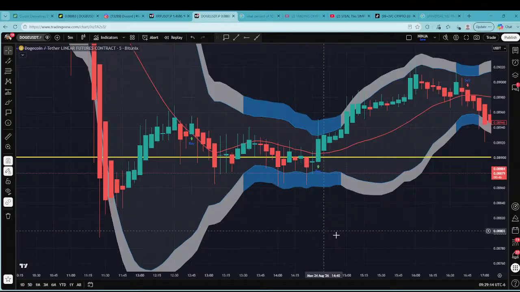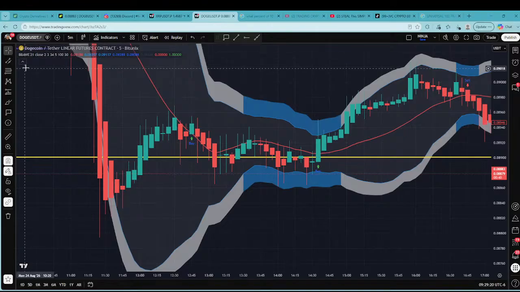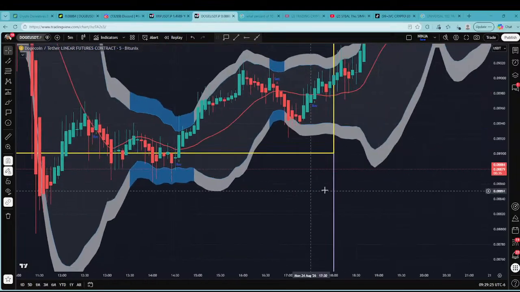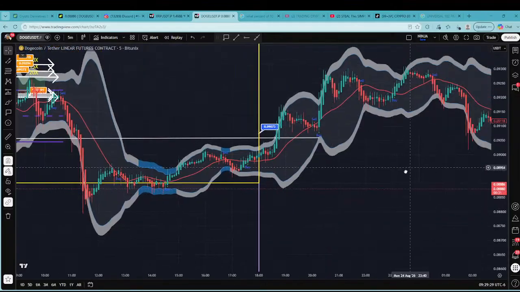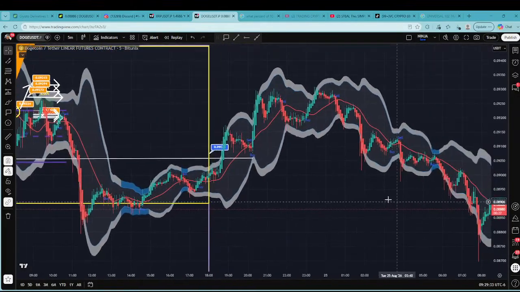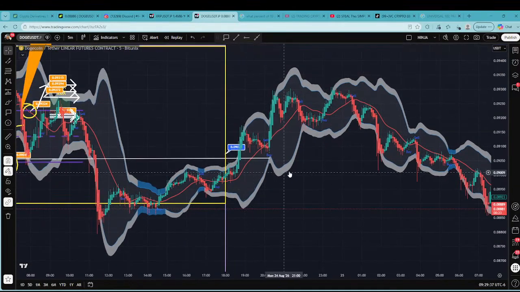So I think the RSI is going to be better. I'm going to get rid of the Bollinger Bands because they just suck. Yeah, because it's not giving us anything. It's not really adding anything to the trades. There's no real reason for it.